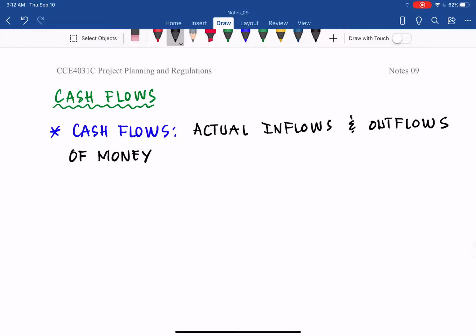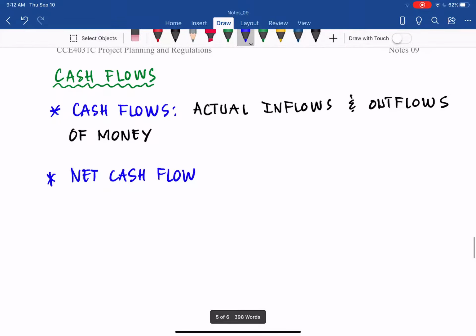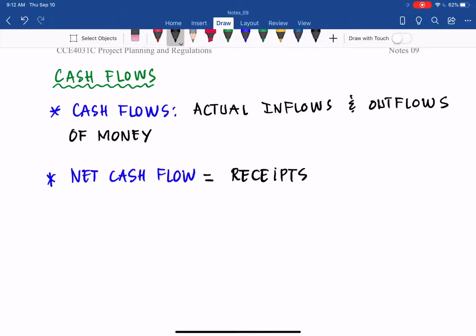And then the next concept we're talking about is net cash flow. Basically, it will be the inflow, so receipts, subtract the outflow, disbursements.